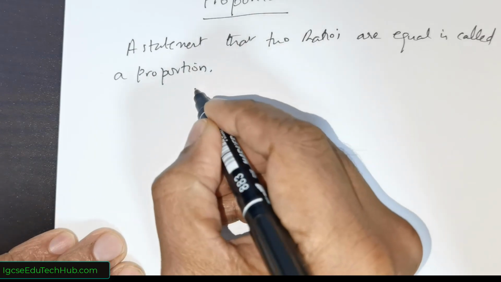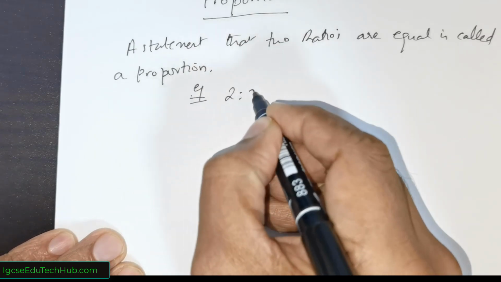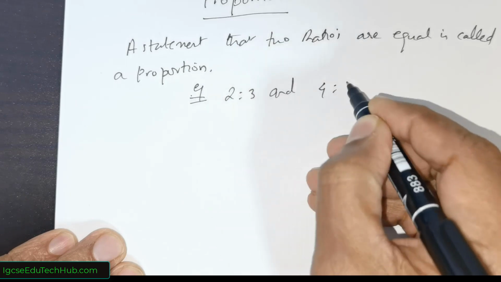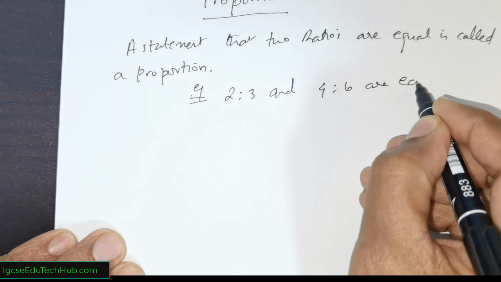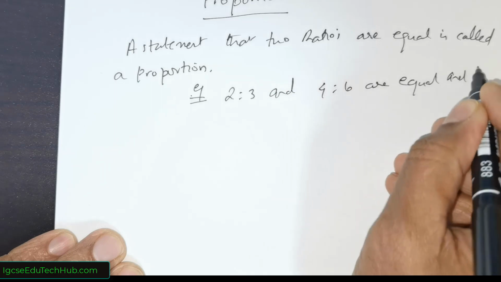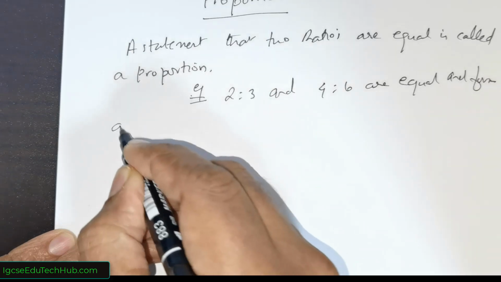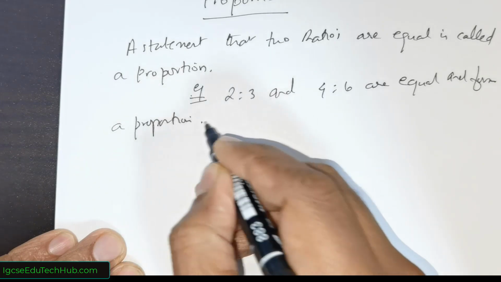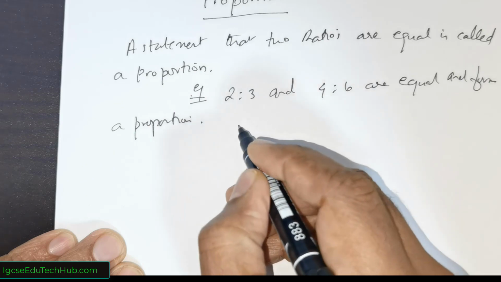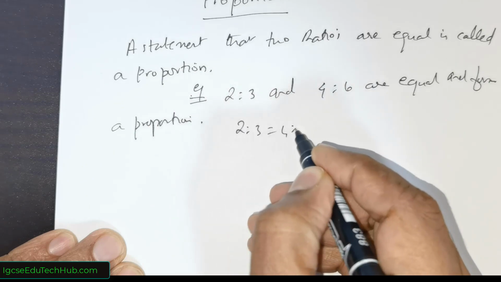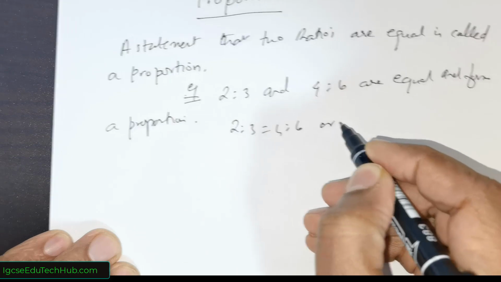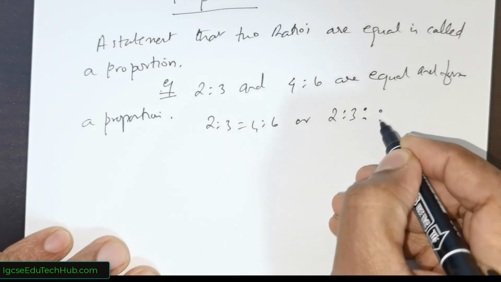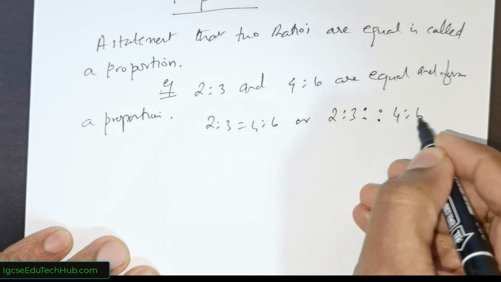For example, 2 is to 3 and 4 is to 6 are equal, and they form a proportion, which can be represented as 2 is to 3 is equal to 4 is to 6, or you can also represent it like this: 2 is to 3, you can place 4 dots and then 4 is to 6.